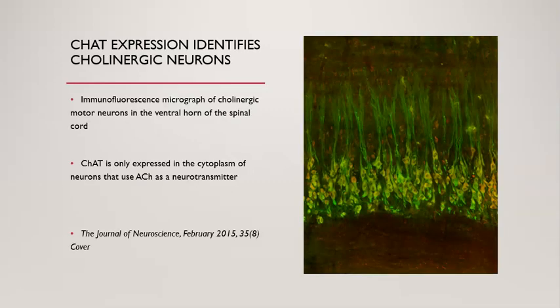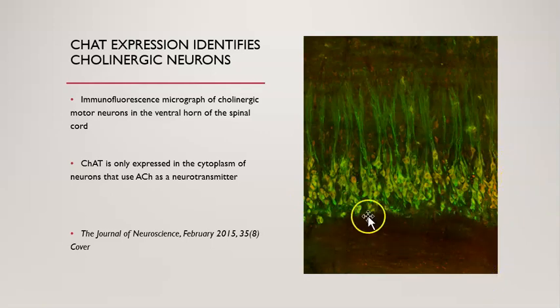Now, I mentioned that we can use CHAT to identify these neurons. This is an example of what we would see after that immunohistochemistry. This is showing the cholinergic motor neurons in the ventral horn of the spinal cord. Anything that's green, those are neurons that contain CHAT.